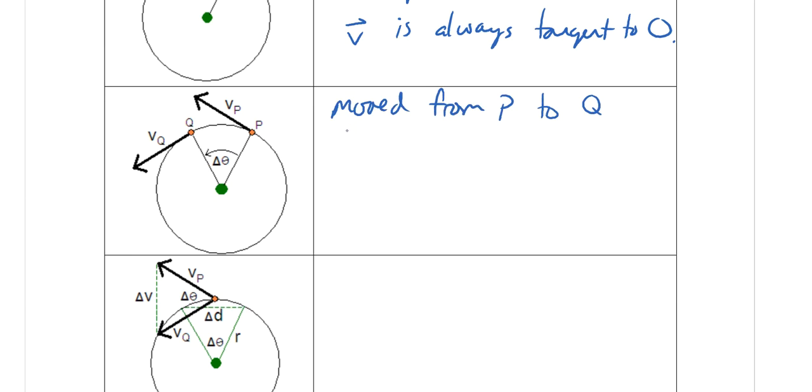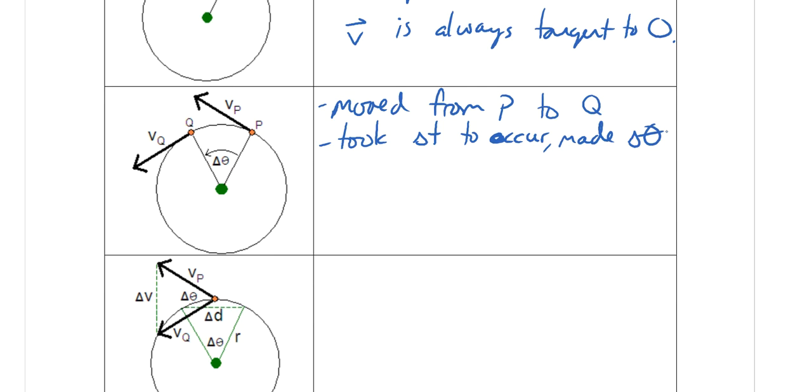Now, in order for this to happen, it took a change in t to occur. Of course, it took time, and it also made a change in the angle. So the angle changed as it swept from P to Q. Again, these two things are arbitrary.